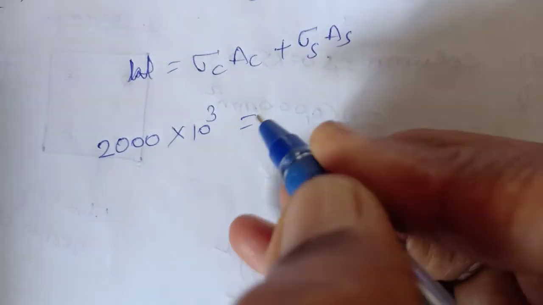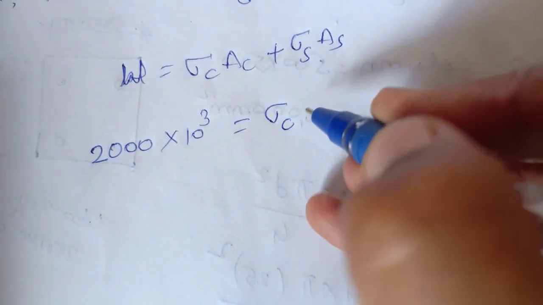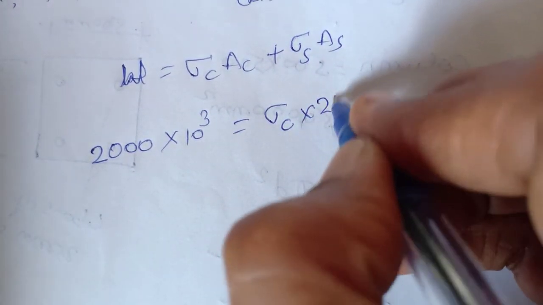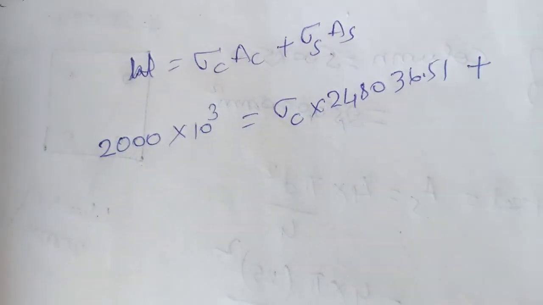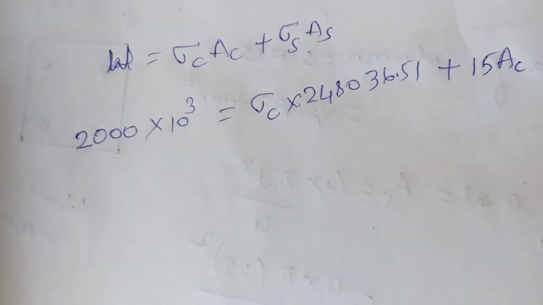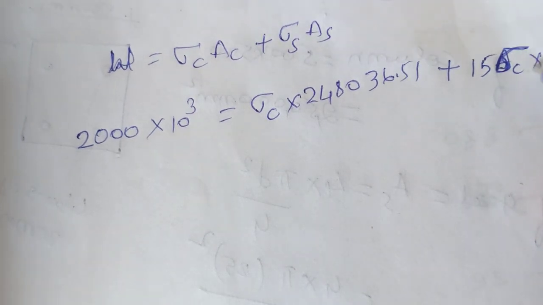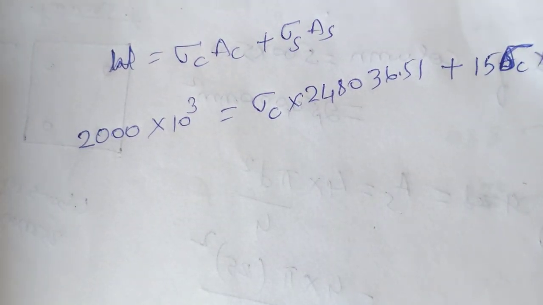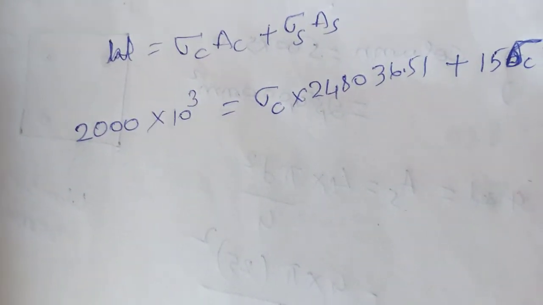So the value of W, we have already 2000 kilonewtons, it is converted to newtons. Then sigma C we want, then AC value we have already got, plus sigma S we have 15 times sigma C into 1963.4949.